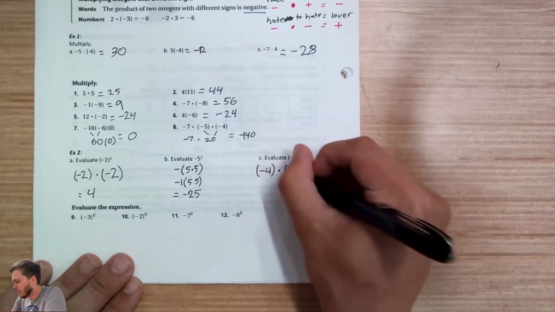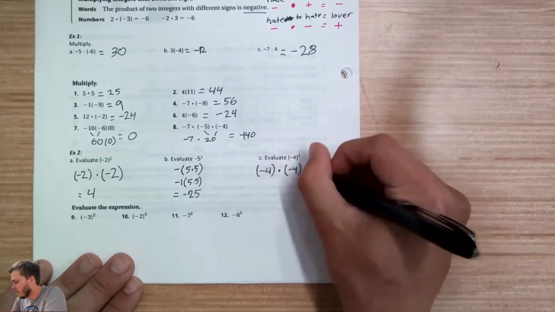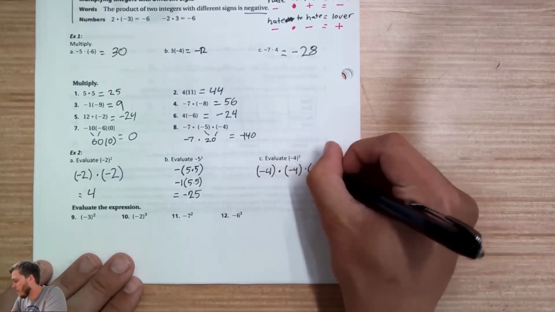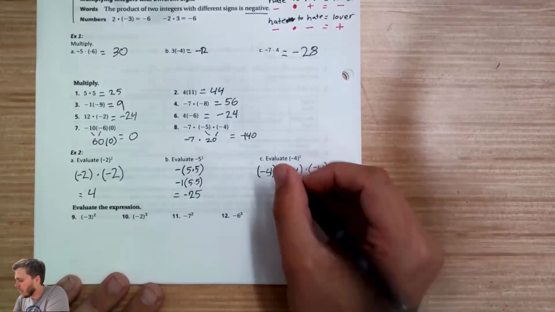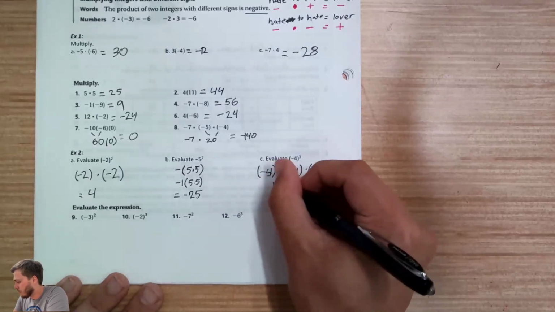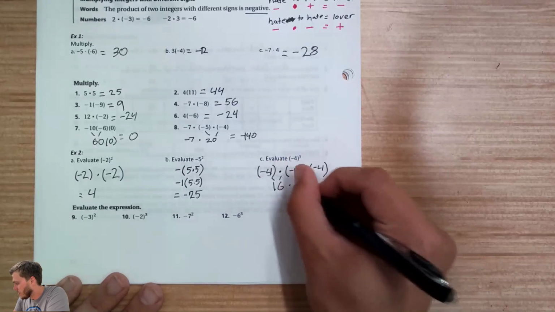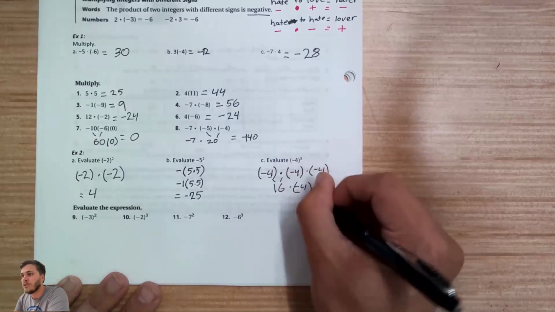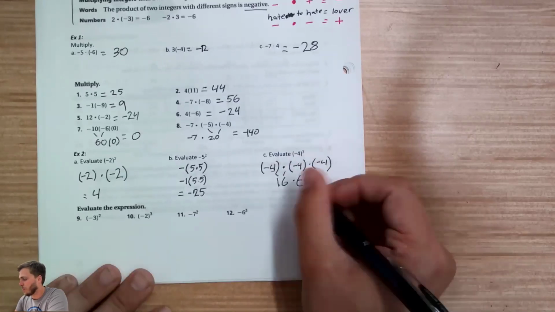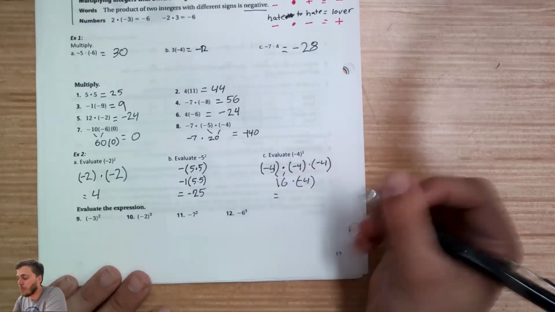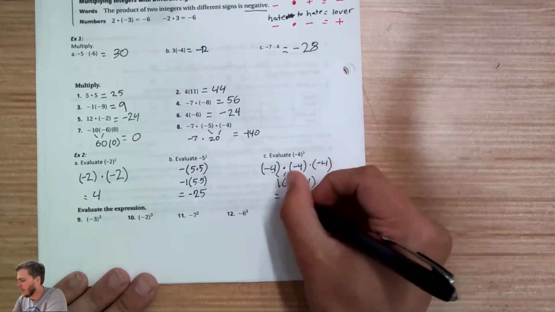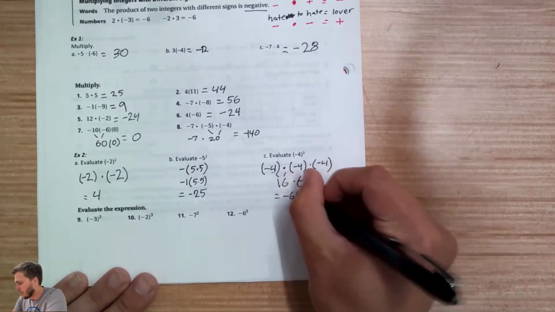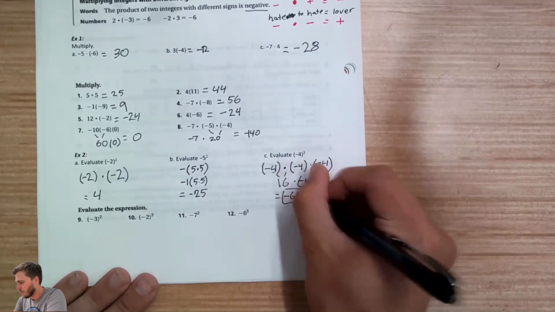So it stays in there. So negative 4 times negative 4 times negative 4. Negative 4 times negative 4 gives us 16, times negative 4 again. 16 times 4 is going to give us 64, but we have an odd number of negative values. So negative 64 is our answer.